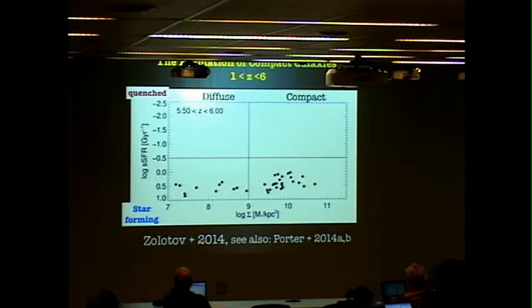But this is not with the semi-analytics. This is with the fully hydro simulations. And what you'll see as this evolves in time is that galaxies go from being star-forming and diffuse up to being compact and quenched.